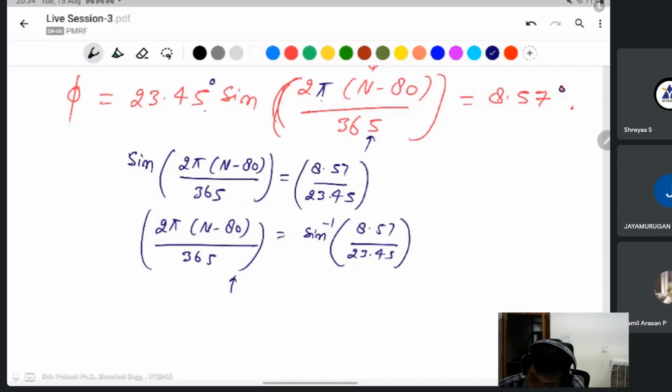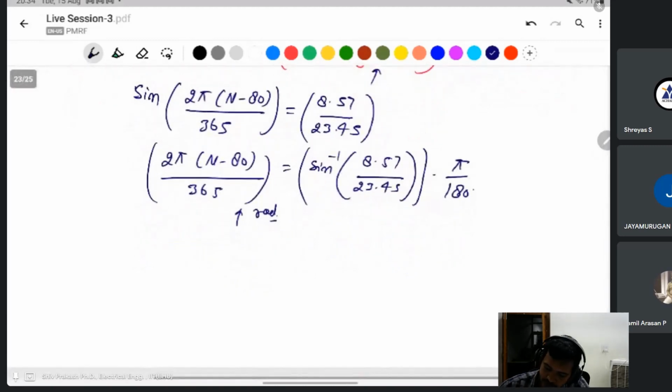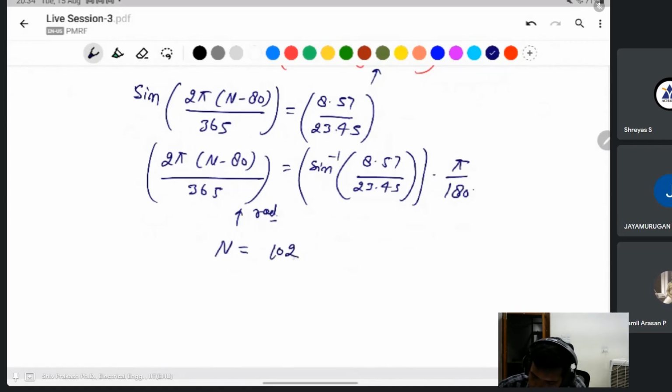This will be in radian, so you can calculate the angle in degree by multiplying by 180 over pi. Pi cancels out. Calculate the number n from here. You will find 102.